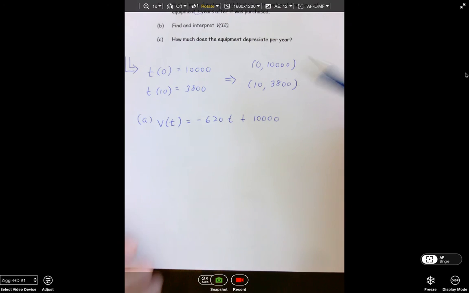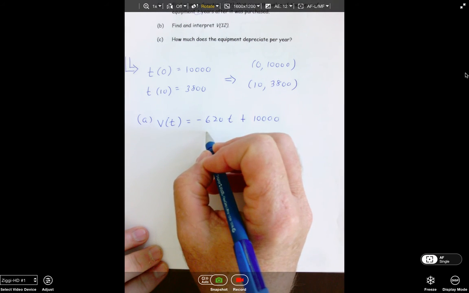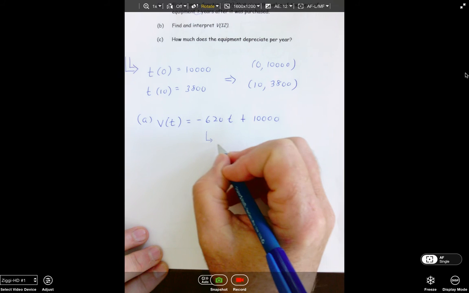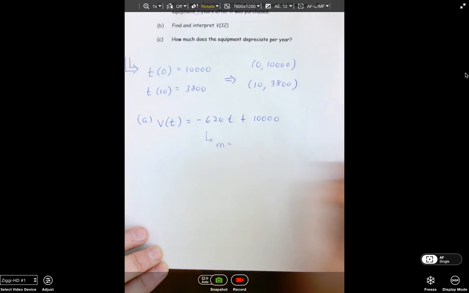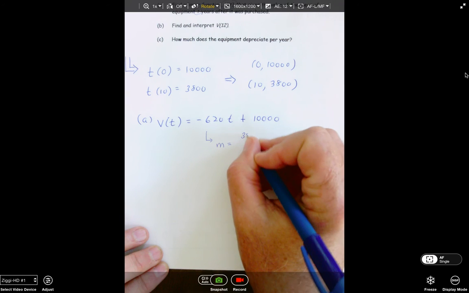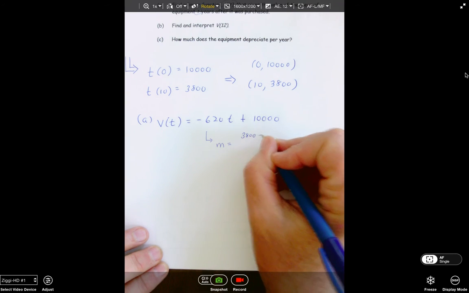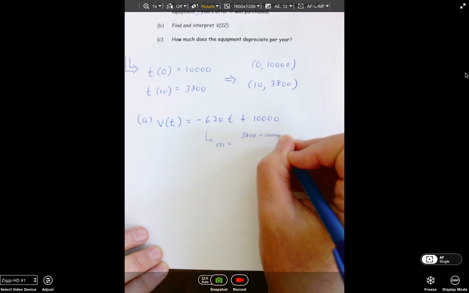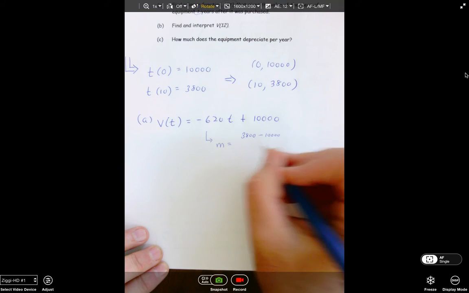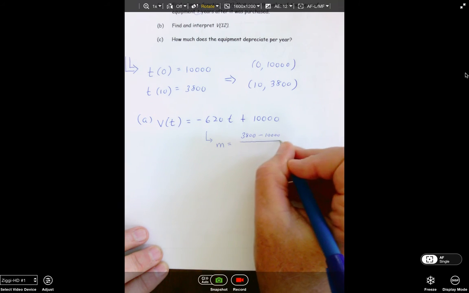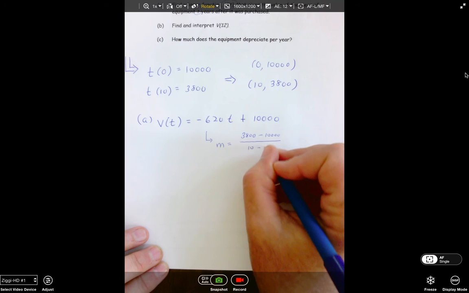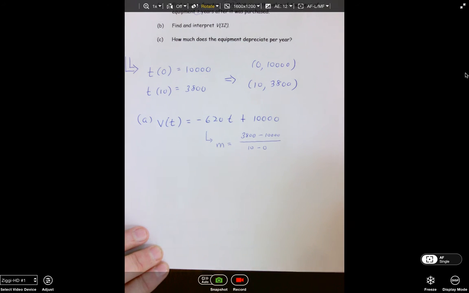And this part here, the 620, just using this as a teaching moment, you think about this back as the slope formula. It takes the difference in the y's, y2 minus y1, over x2 minus x1.